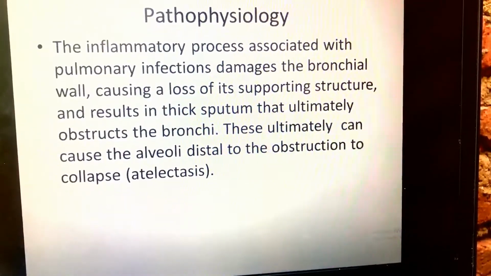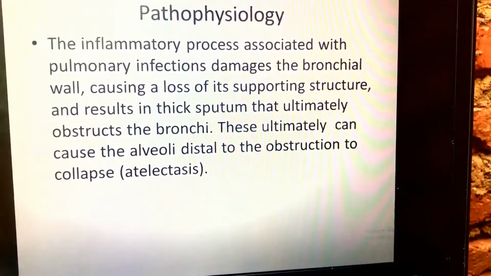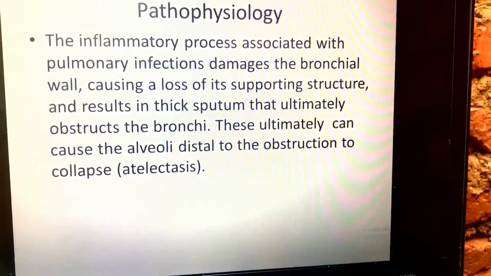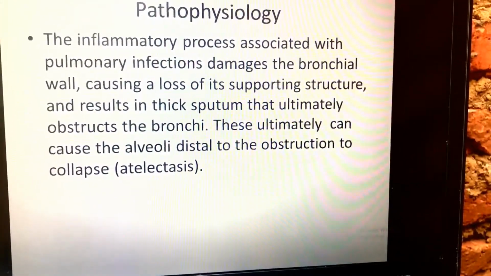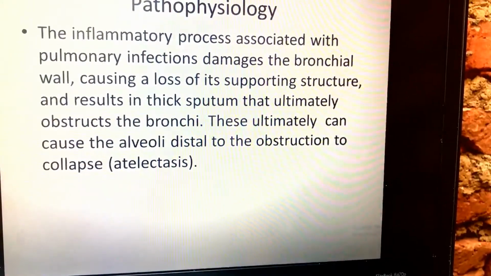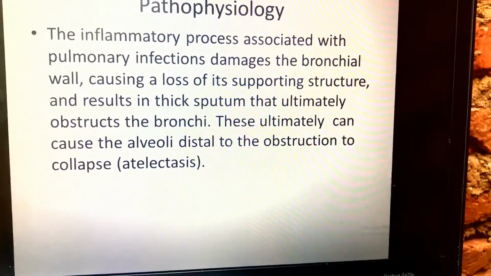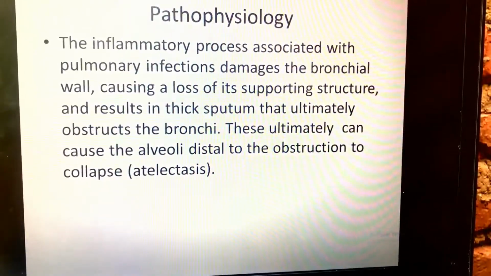Pathophysiology of bronchiectasis. The inflammatory process associated with pulmonary infections damages the bronchial wall, causing a loss of its supporting structure and resulting in thick sputum that ultimately obstructs the bronchi. This can cause the alveoli distal to the obstruction to collapse, which is atelectasis.